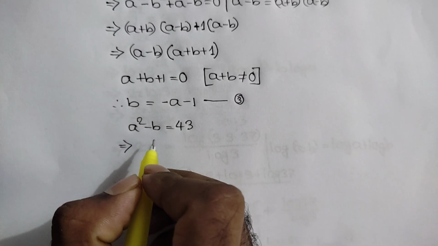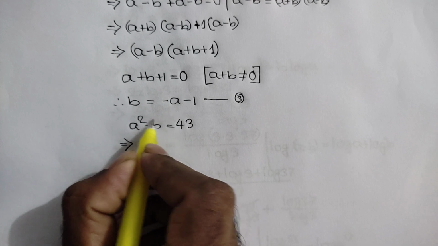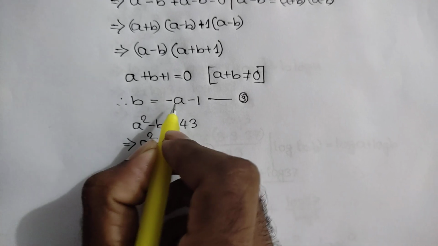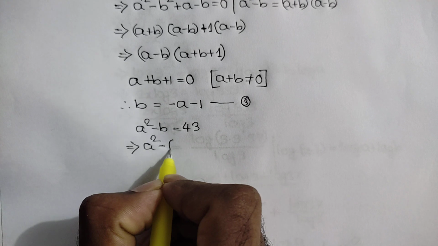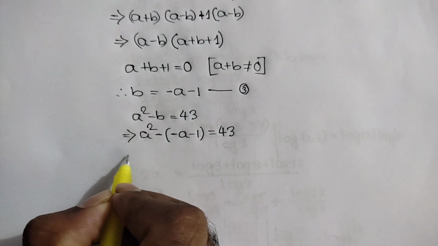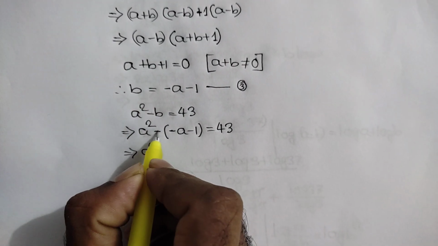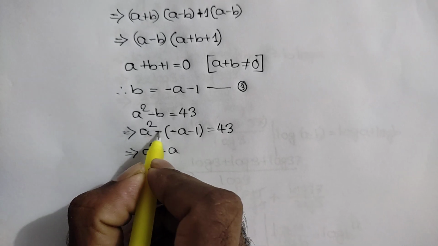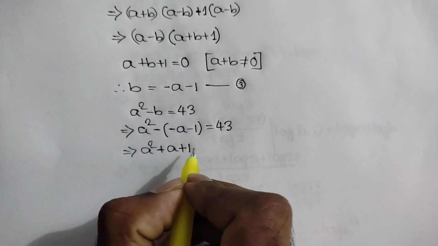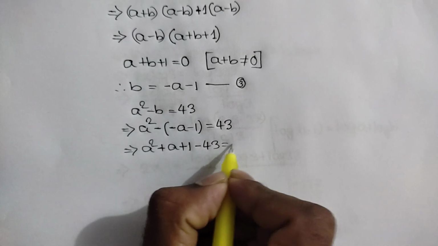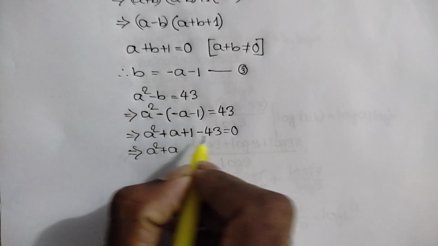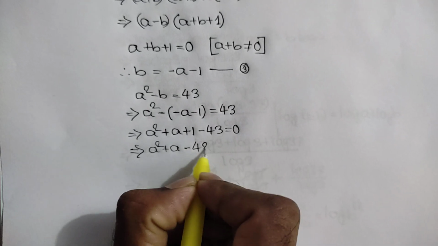Substituting b, we can write a square minus bracket minus a minus 1 is equal to 43, or a square, minus times minus is equal to plus a, minus times minus is equal to plus 1, and taking this 43 to the left side, we can write minus 43 is equal to 0, or a square plus a minus 43 plus 1 is equal to minus 42 is equal to 0.